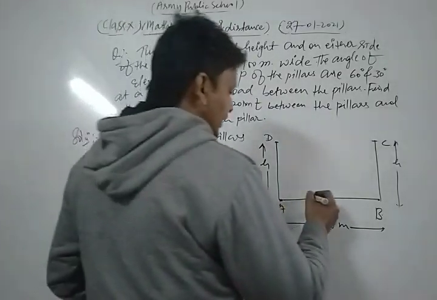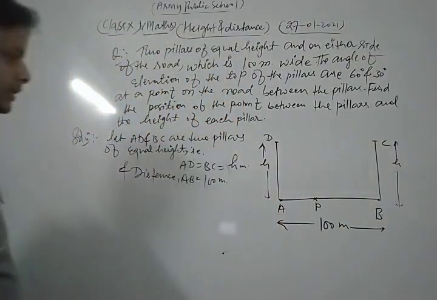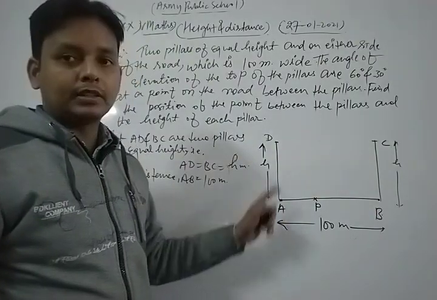Let P be the point between the pillars. From that point the angles of elevation of the tops of the pillars are 60 and 30.